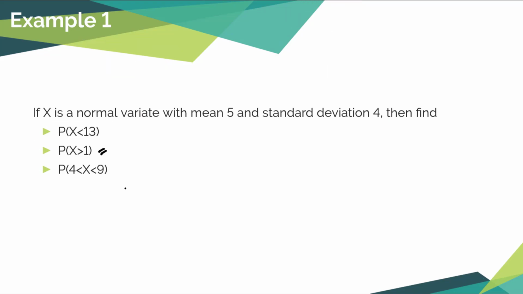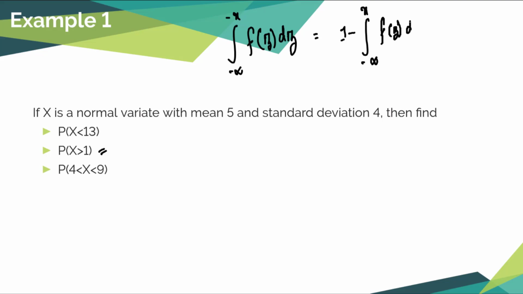So before solving the second question, that is probability of x greater than 1, we need to know one property of standard normal integration. The integration from minus infinity to minus x of f(z) dz is equal to 1 minus the integration from minus infinity to x of f(z) dz.